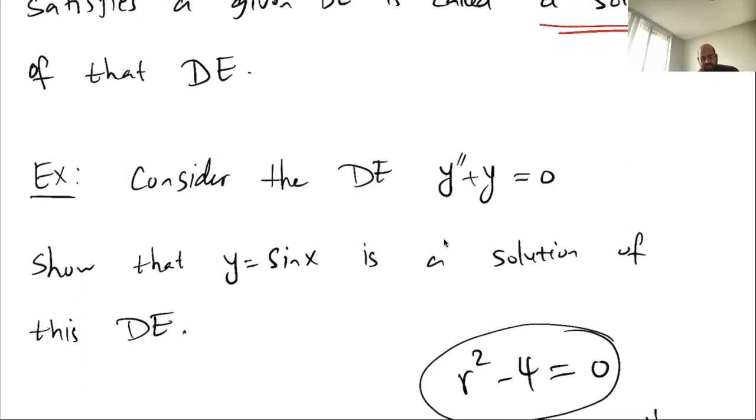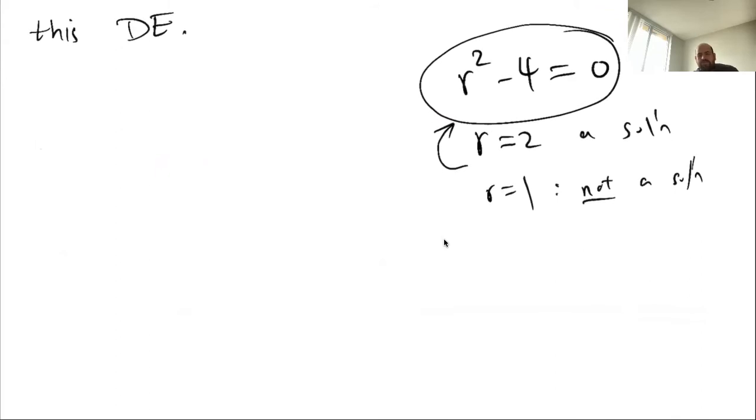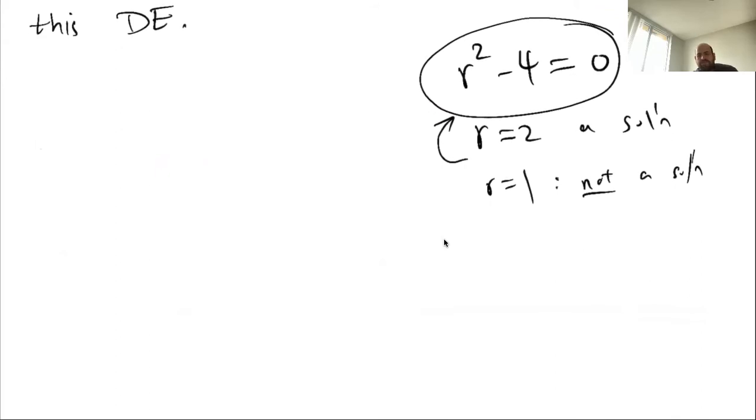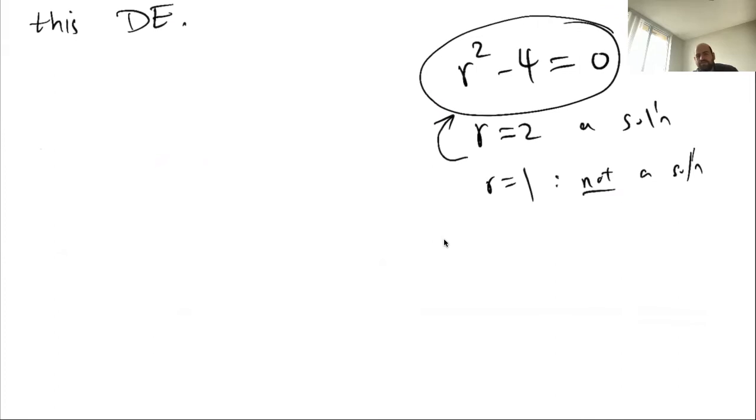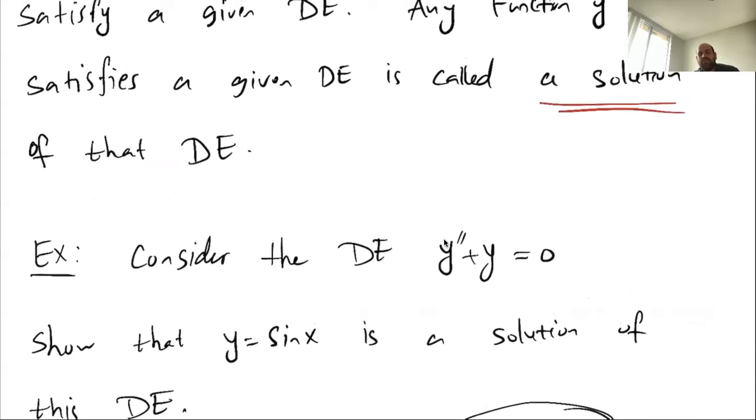Okay, so the only difference is that when you say r squared minus 4, the potential answers for r are numbers. For example, 2 is a solution, 1 is not a solution. But here in differential equations, the potential answers are functions. So sine x is a solution. x squared, for example, is not a solution, right?